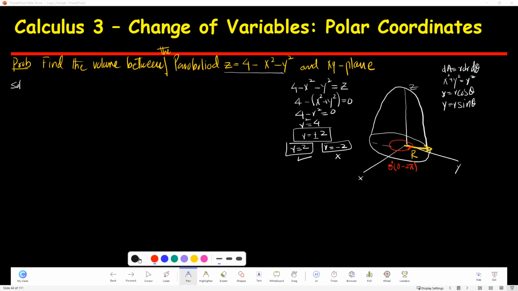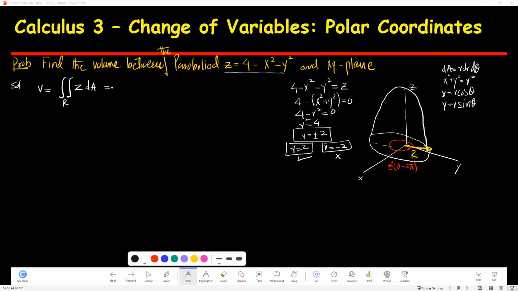So what I'm going to do, I'm going to take my integral and write the volume. Volume equals to the integral of z dA, that is my integral. That's what I want to calculate, and I need to solve this.